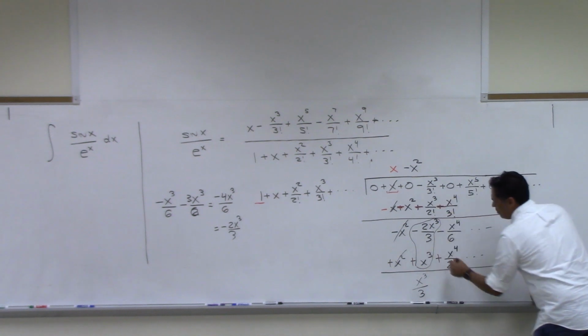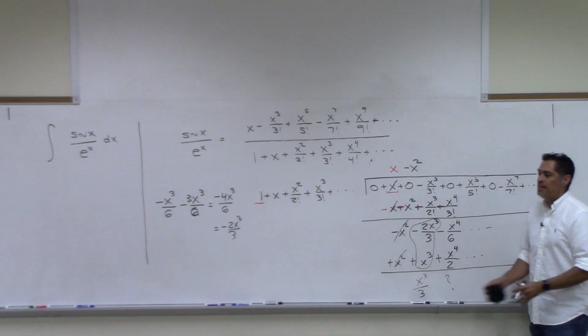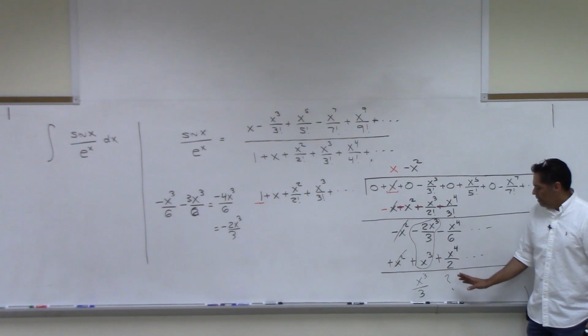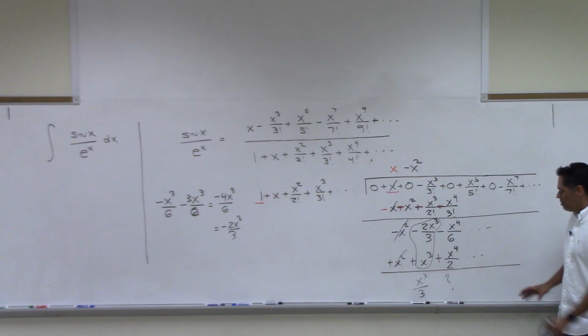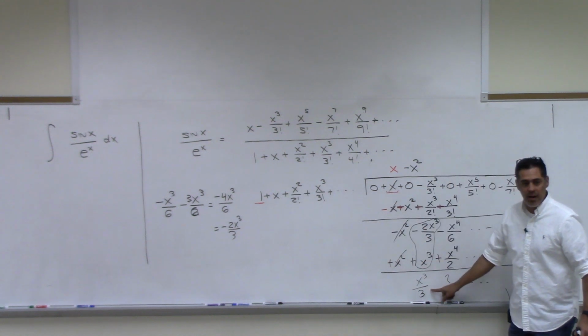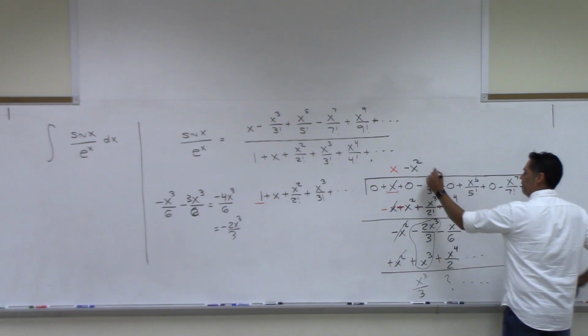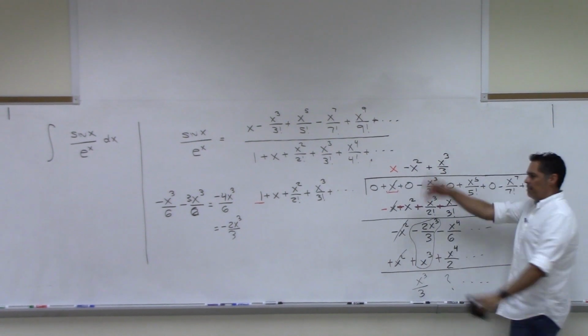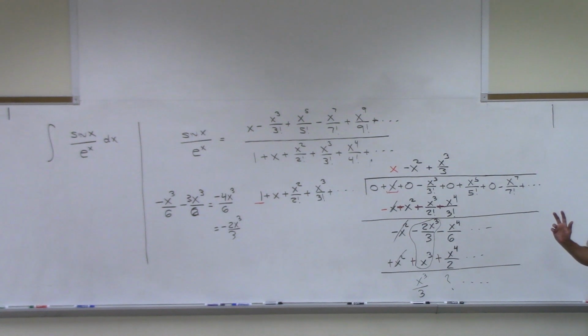And then these two, I don't care. I think you're getting the idea of what I'm doing here, right? So now what I would do, next line is whatever, and now I again turn the 1 into this. So I have to put up here x cubed over 3, and then I just keep playing this game, right? And I could theoretically play this game forever, couldn't I?